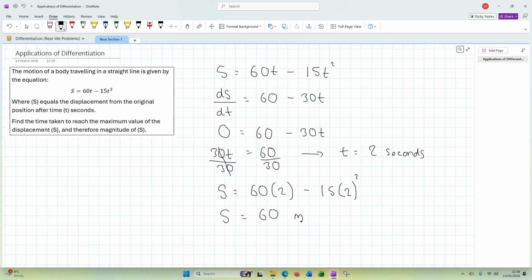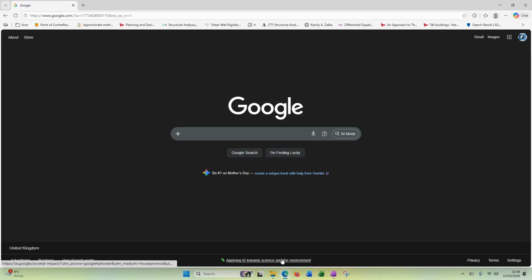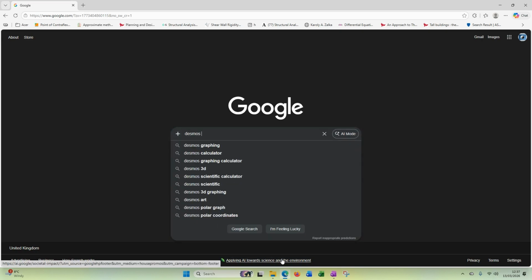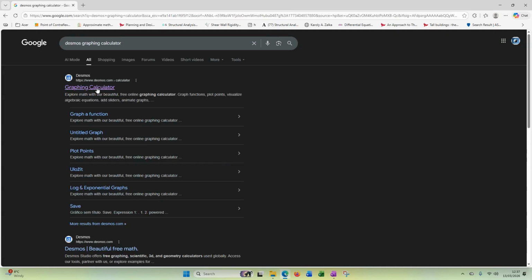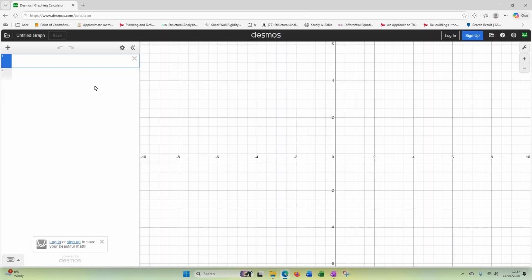You may be interested in checking out the Desmos graphing calculator online. So let me just show you. So our equation was s equals 60t minus 15t squared.